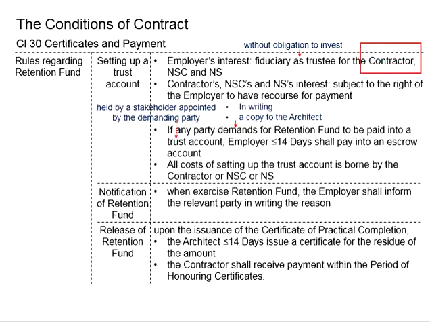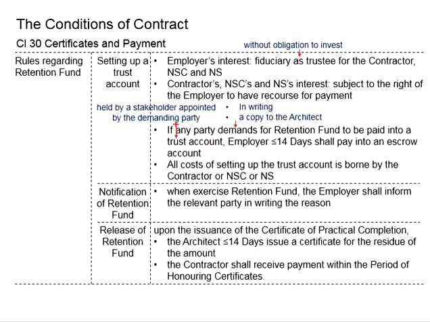That means the contractor, nominated subcontractor and nominated supplier will need to entrust the employer with this amount of money. The employer is not obligated to invest this amount of money. And the contractor, nominated subcontractors, and nominated suppliers' interest is subjected to the right of the employer to have recourse for payment. That means they have the right to ask for the payment when they are entitled to.